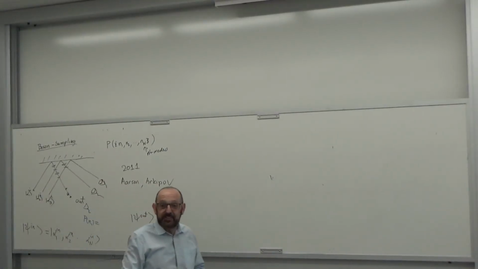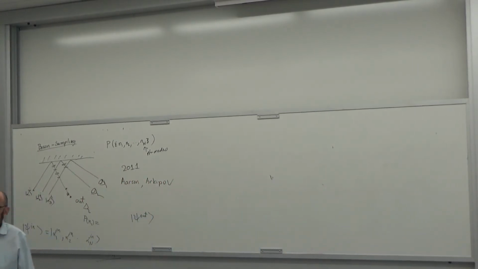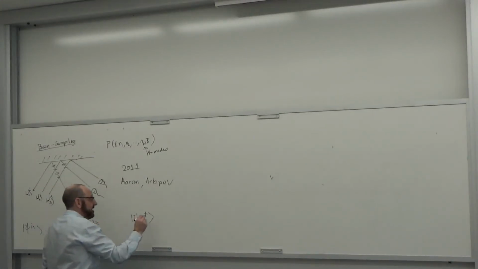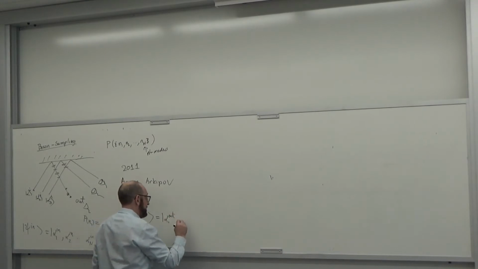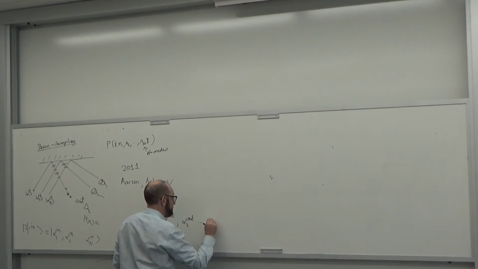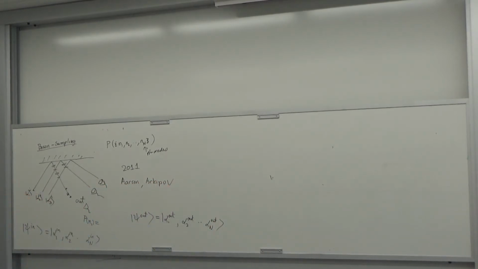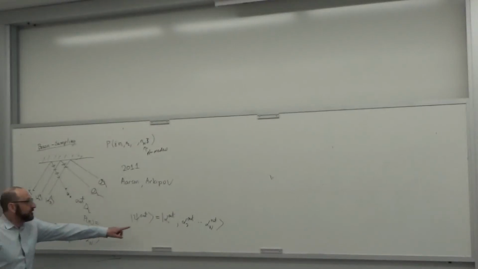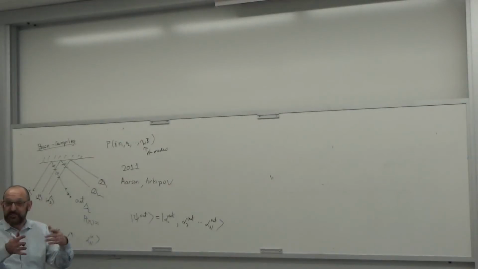It's coherent states again, because a linear optical transformation takes coherent states to coherent states, right? And how are these related to these? The scattering matrix, right? Or the transition matrix.